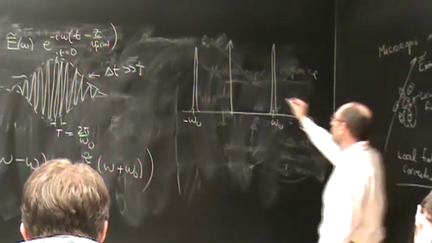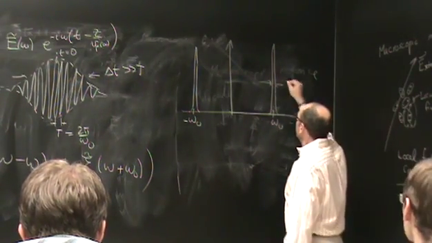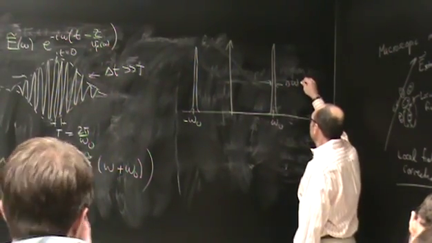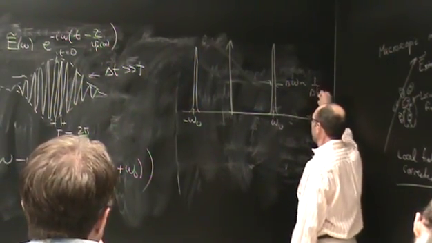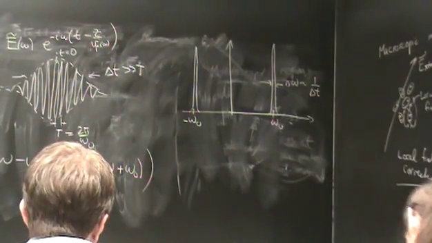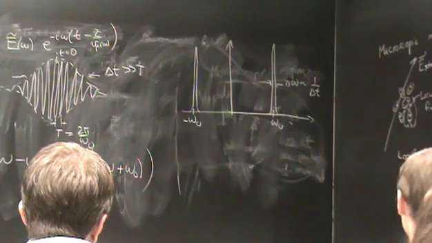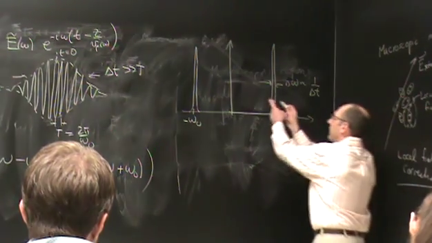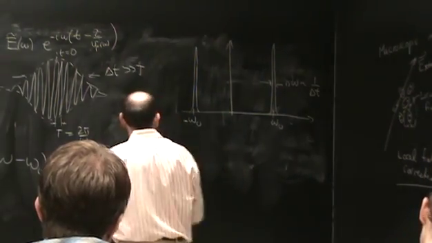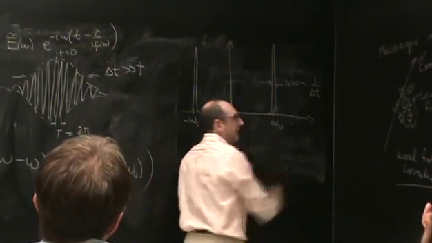Delta omega is the width of this peak, which goes like 1 over the duration of the pulse, according to Fourier duality. And the assumption is that this width is tiny compared to that distance.